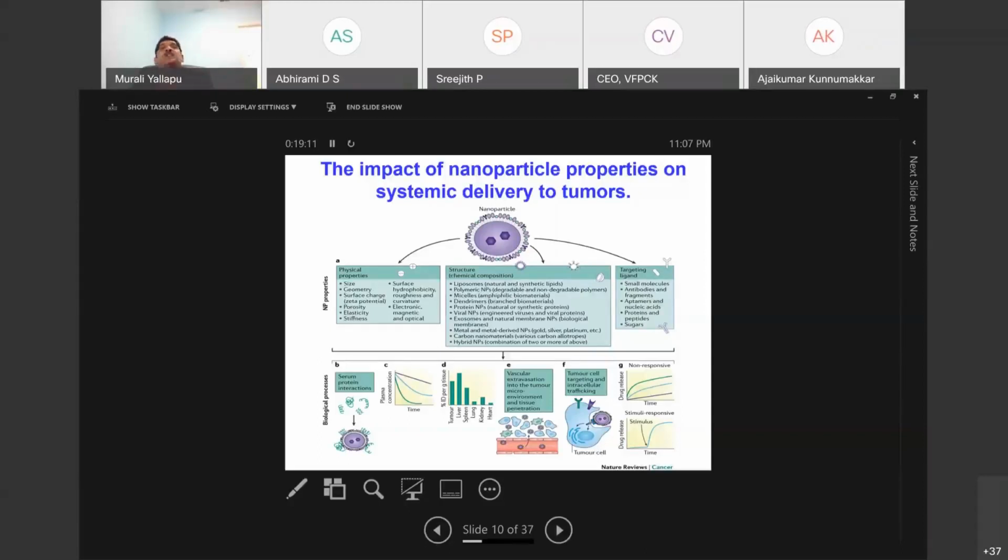So all these unique features of the nanoparticle determine its utility.